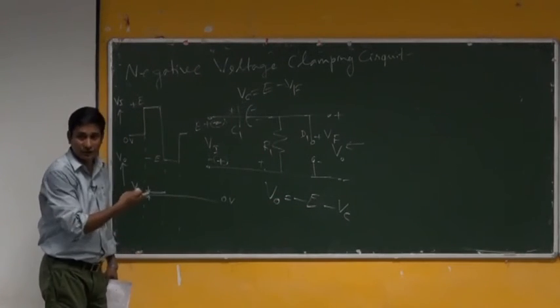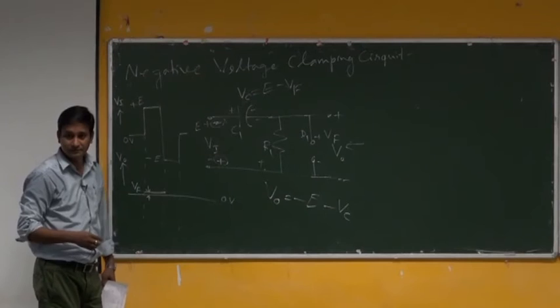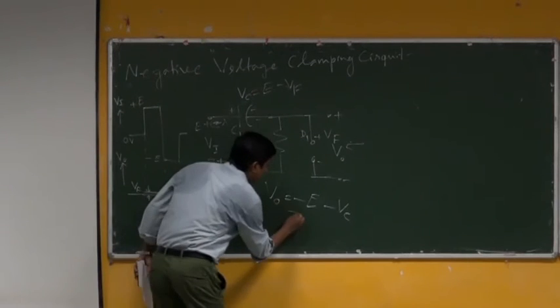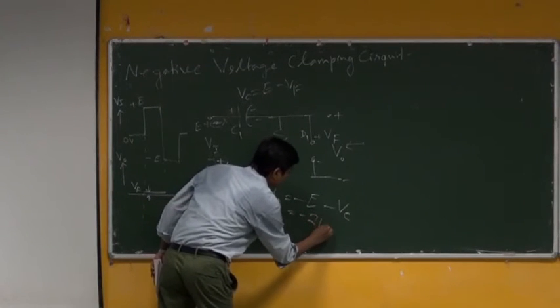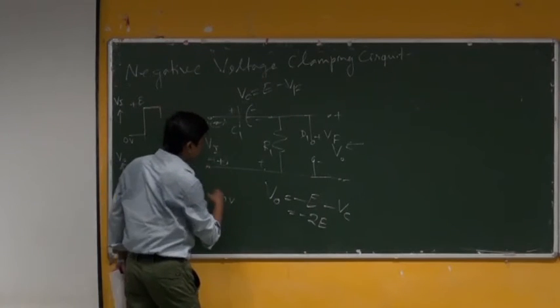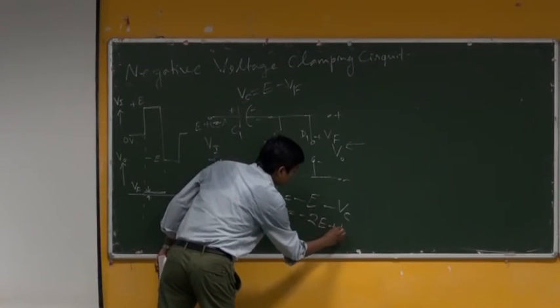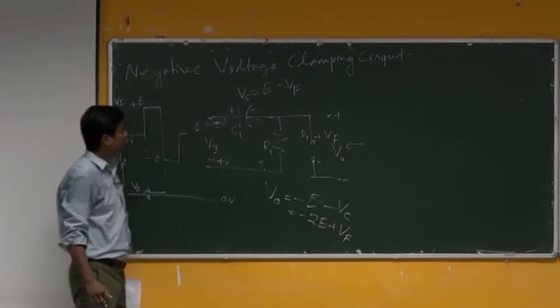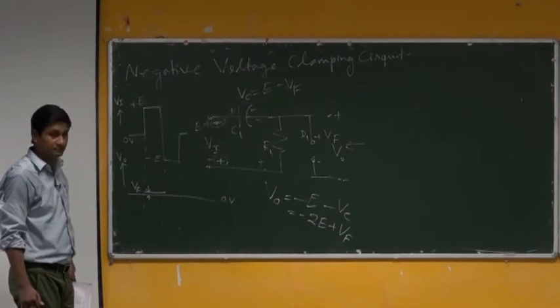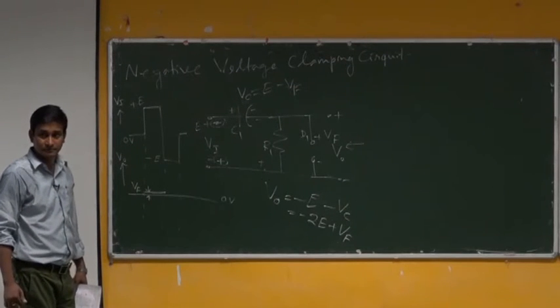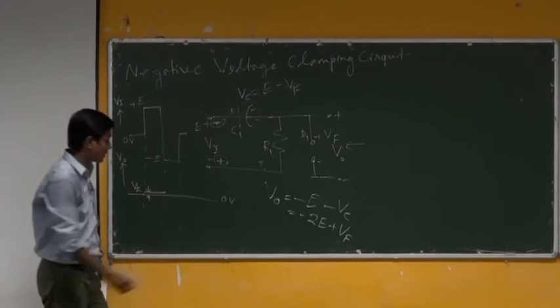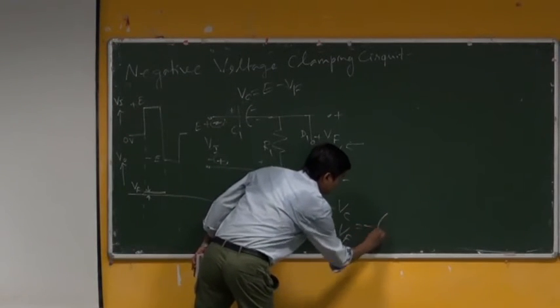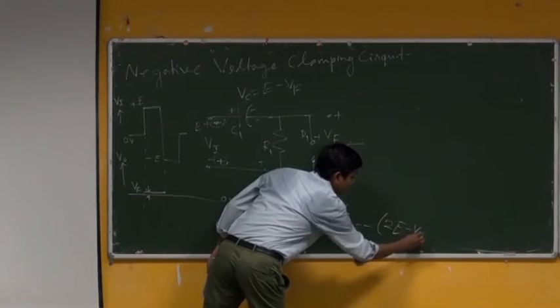Vc. Now, put the value of Vc of the earlier one. So, it is becoming, I think, minus E plus Vf. Or I will say minus 2E minus Vf.